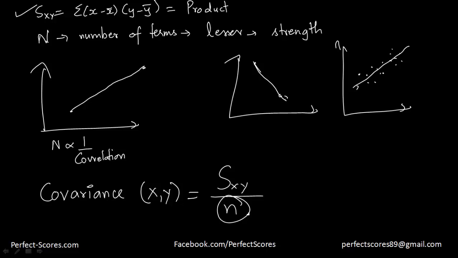As your number of terms increases, your covariance is going to reduce, right? And this product tells you the sign of the correlation. It tells you whether something is positively correlated or negatively correlated.